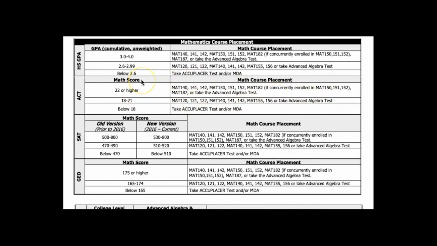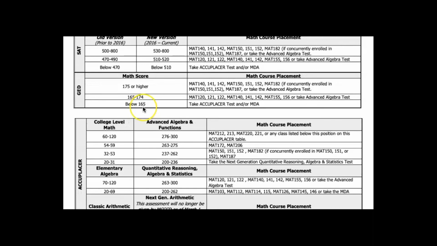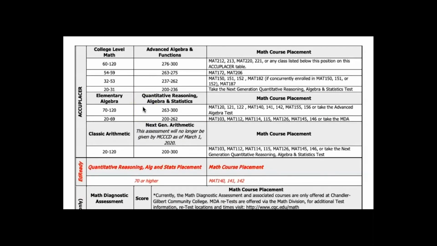You may then take classes that are at a higher level or a faster pace. In that case, you may opt into taking our AccuPlacer exam. Let's suppose you took the AccuPlacer Advanced Algebra and Functions exam and scored a 263. You would then be eligible to take these higher level courses as listed in the chart.